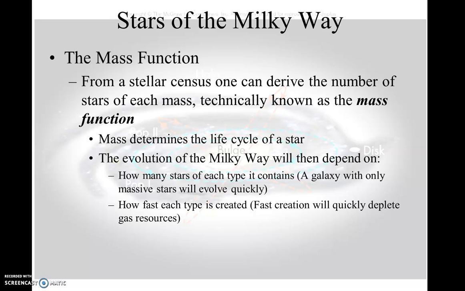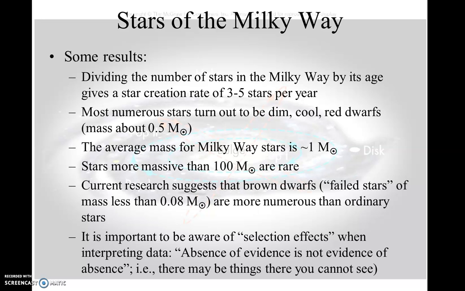This tells us a lot about our galaxy, about the different types of stars in our galaxy, and it also gives us a sense of the future of our own galaxy. How old is it? How much time do we think it's going to be around? As I said before, the vast majority of stars in the Milky Way galaxy are less massive. They're little tiny red dwarfs, roughly about half the mass of our sun.